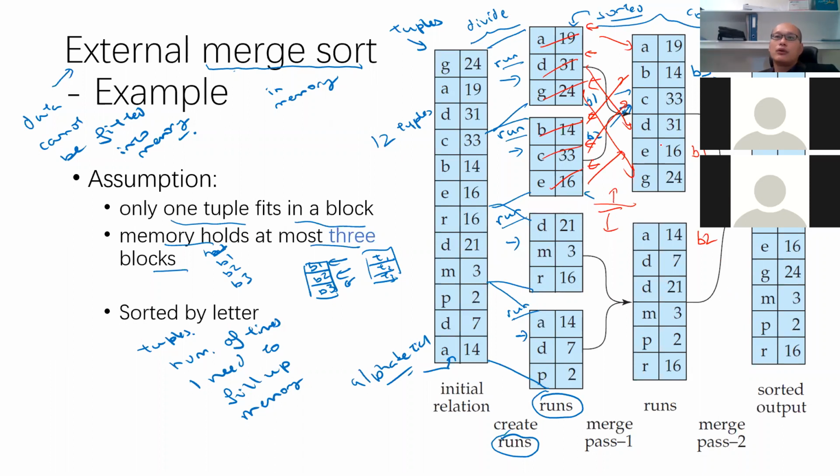Although the space is not sufficient to hold everything, we read from secondary storage. Once it overflows, we write it to secondary storage, read the rest back, and then continue to sort in memory.